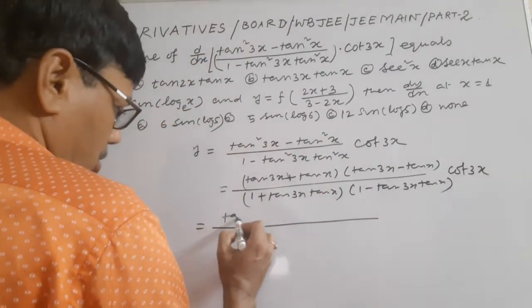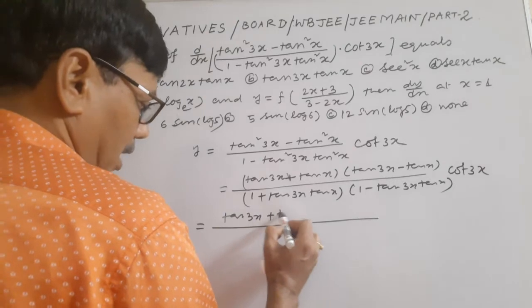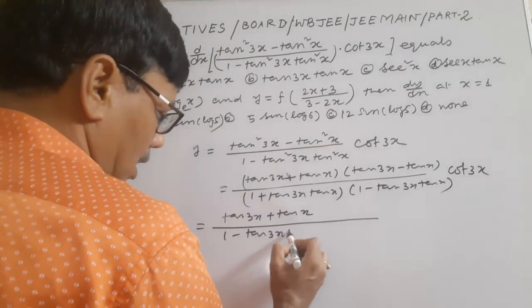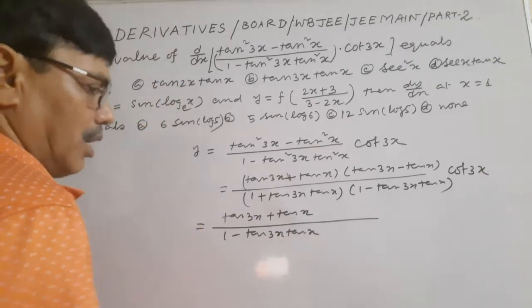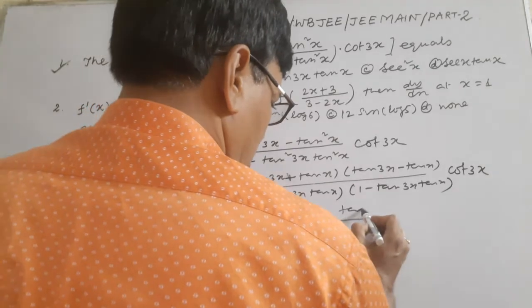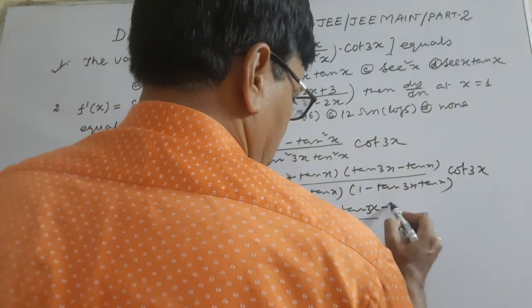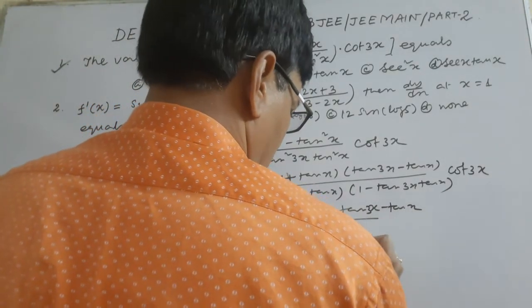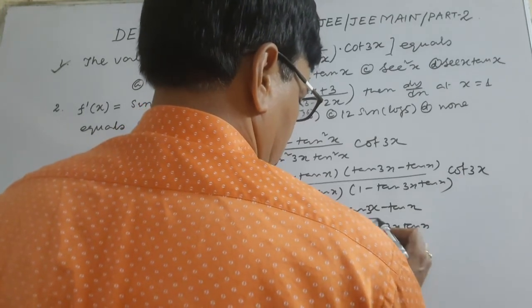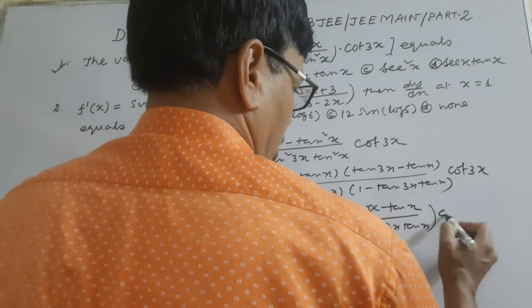Now, tan 3x plus tan x by 1 minus, well known formula tan(a plus b), then tan 3x minus tan x by 1 plus tan 3x into tan x, into cot 3x.